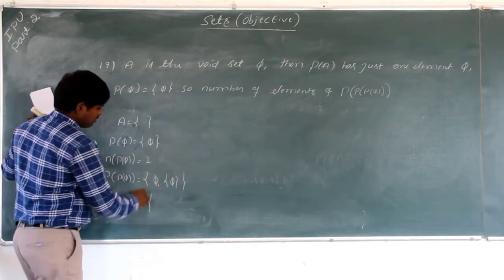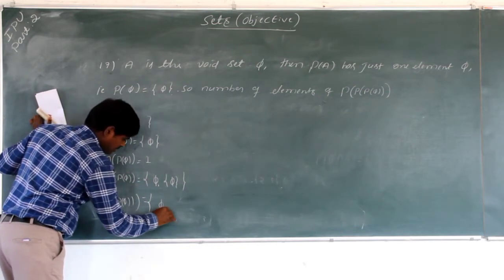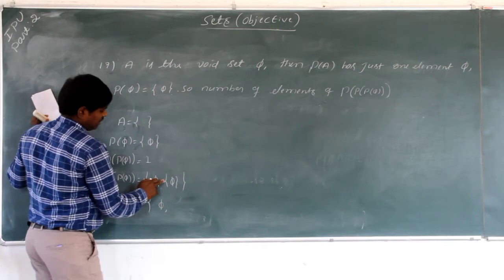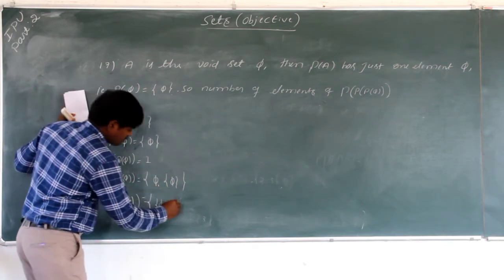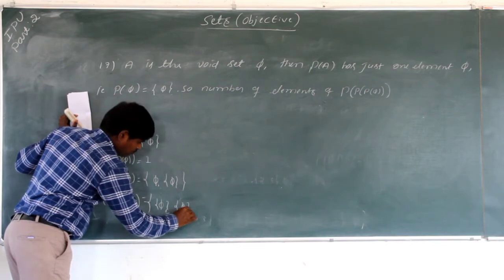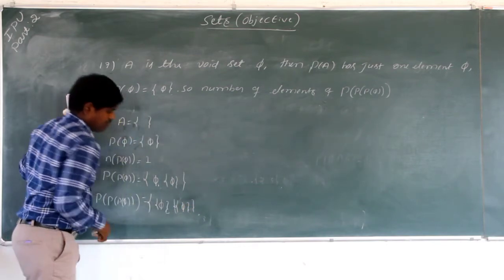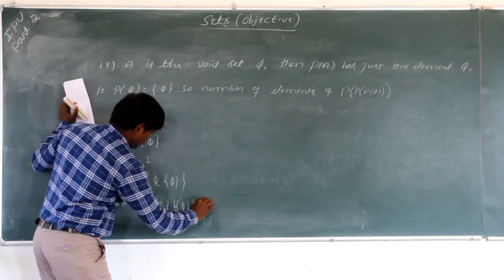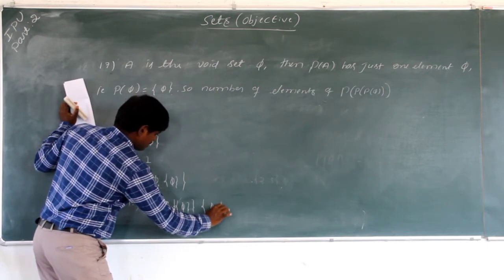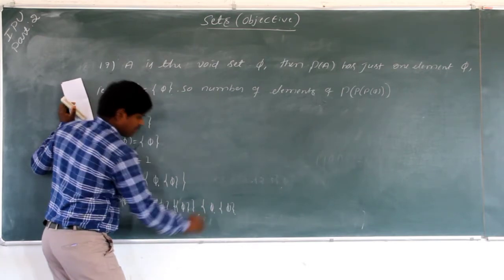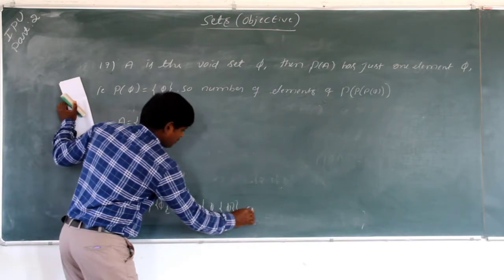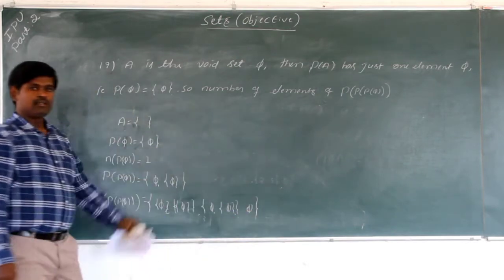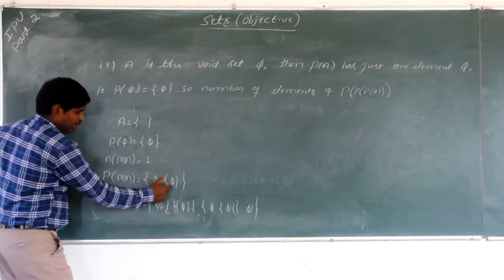So one is the null set, which is one of the subsets. And the set itself is also one of the subsets. Both are included. So it consists of two elements.